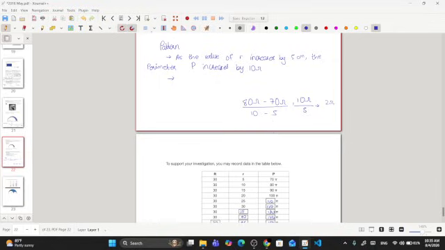So we can also write this: for each one value that R increases, P increases by 2 pi. That could be one good method of writing the answer down. I hope this is clear to you.